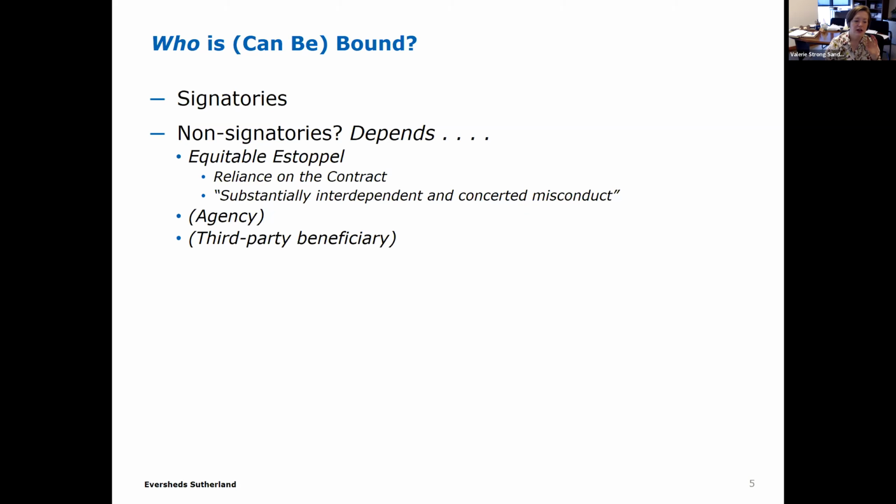I'm not a plaintiff's lawyer, generally speaking, but when you're suing a number of folks, you may have all kinds of different parties on the other side of the V. So what happens when you've got an arbitration agreement with one of them or fewer than all of them?